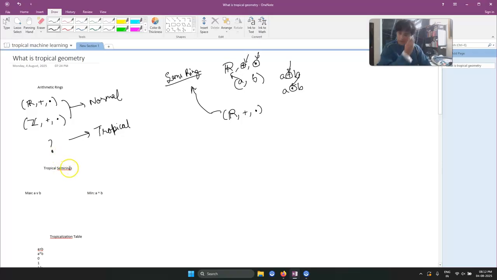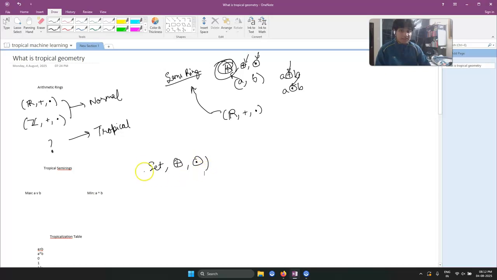For a tropical semi-ring, like I said, we're going to have a set. Before, we had real numbers as an example; we have a set and we have an addition and a multiplication.